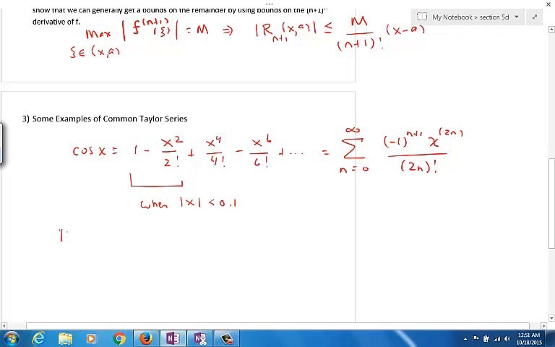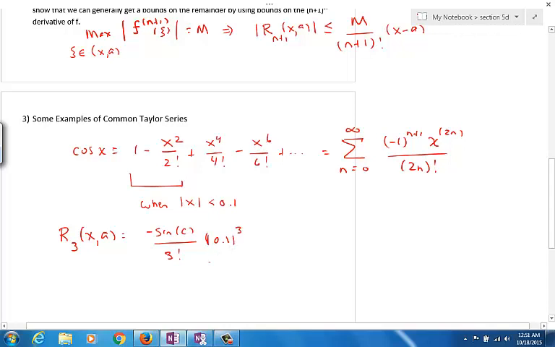The remainder term looks like this. It's going to be the third derivative of cosine, which is minus sine, over 3 factorial, times, and here we know that the absolute value of x is going to be 0.1 cubed. This is x minus 0.